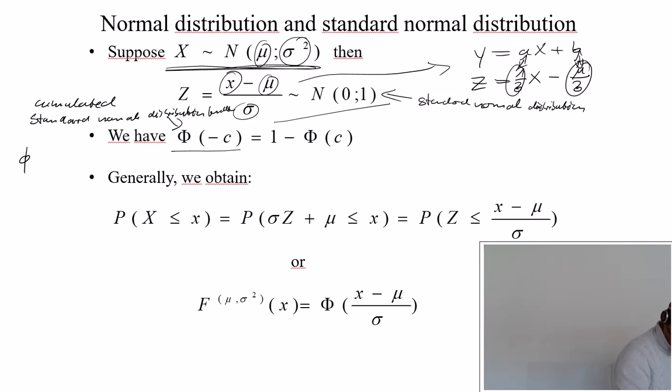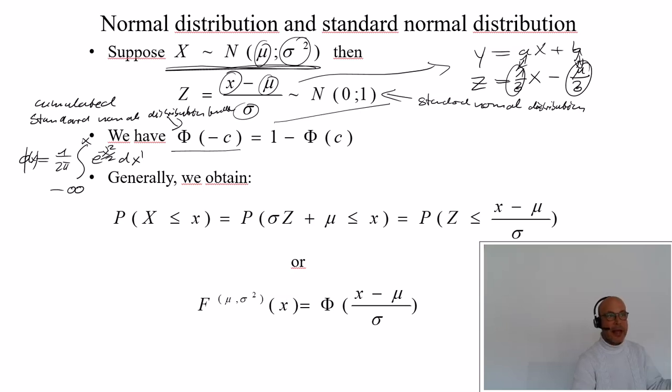So phi equals 1 over the square root of 2 pi, times the integral from minus infinity up to x of e to the minus x squared over 2, or here I used c as a variable.